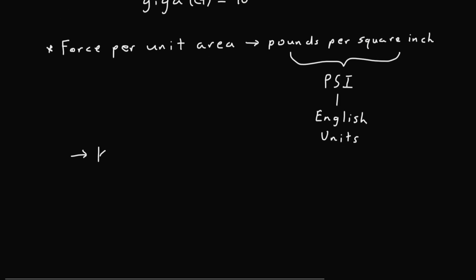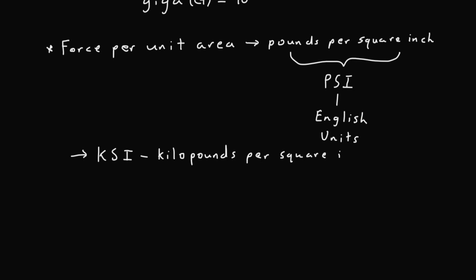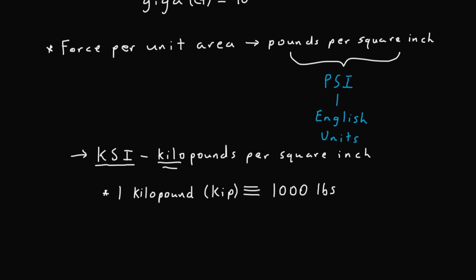And now similarly, using prefix kilo, we have the unit KSI, which is basically kilopounds per square inch. And so of course, remember that kilo is 10 to the power of 3, so 1 kilopound, or kip, is equivalent to 1,000 pounds.